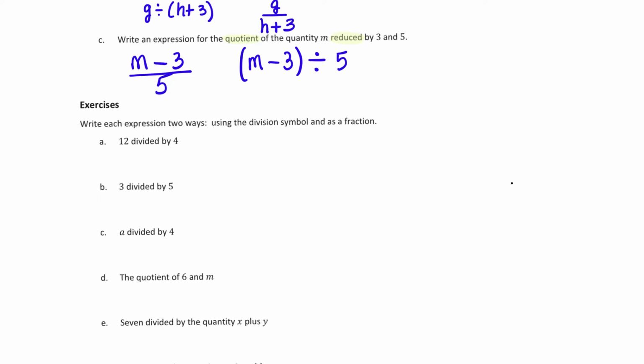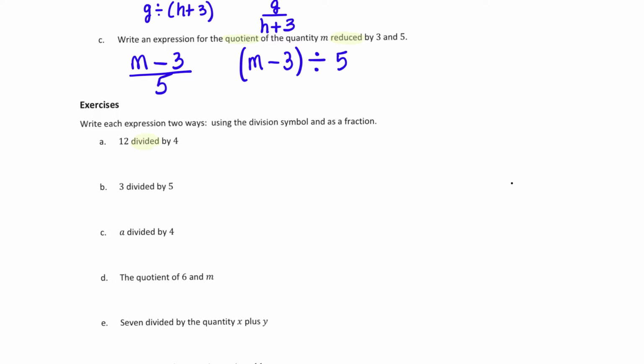Exercises. The directions are: write each expression 2 ways, using the division symbol and as a fraction. So basically it's going to be the same thing as we did on top. Notice that on top we did the extra work because we wanted to make sure that we know how to do it both ways. So let's look at it one more time here. 12 divided by 4.